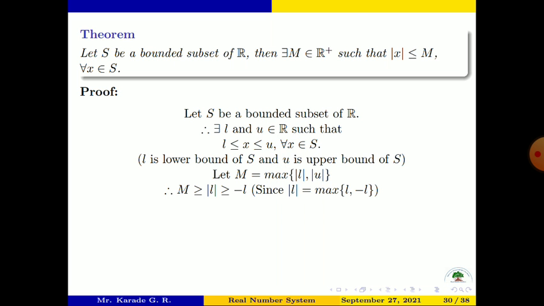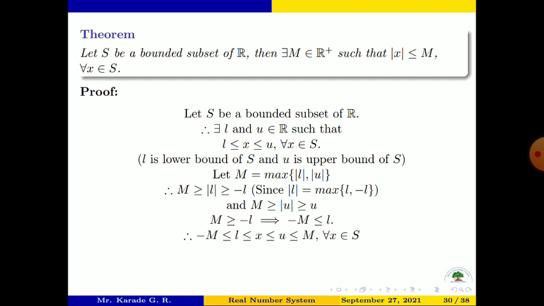Therefore, capital M is greater than or equal to mod L, but mod L is greater than or equal to minus L, since mod L is the maximum of L and minus L, that thing is known to us. And M is greater than or equal to mod U, which is greater than or equal to U. Therefore, M is greater than or equal to minus L and minus M is less than or equal to L. If we change the sign, the inequality will get changed.